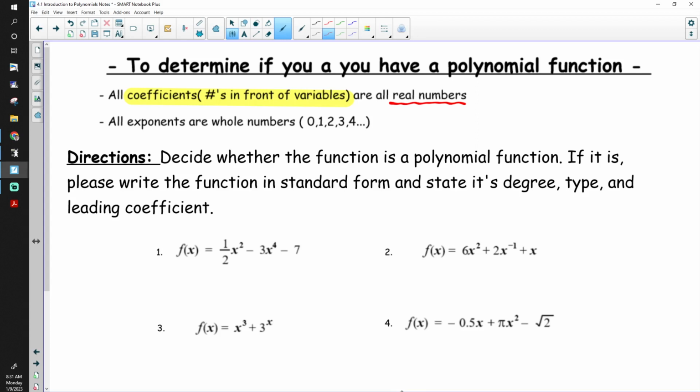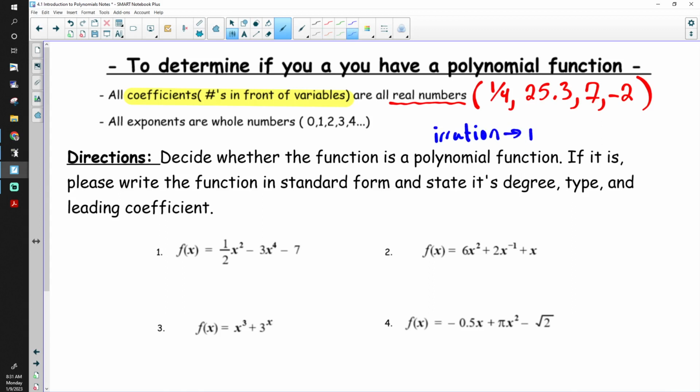So examples of some real numbers might be like 1/4, 25.3, 7, -2. Okay? Those are all real numbers. They're not necessarily perfect whole numbers. Okay? What is not a real number? We call them irrational in math.